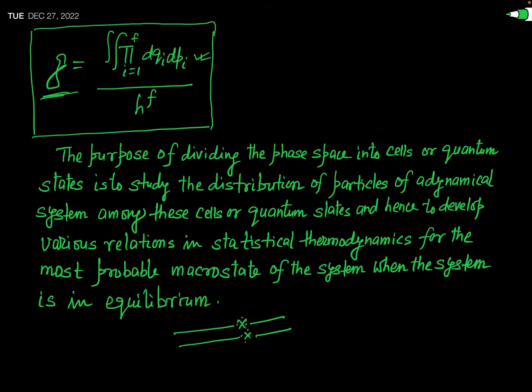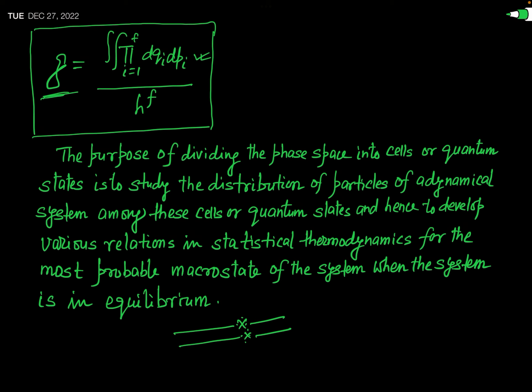So, here, which I have mentioned earlier, that why there is a need to divide the phase space into phase cells, I have explained this fact in the very beginning of this lecture. So I am just giving a reading here.